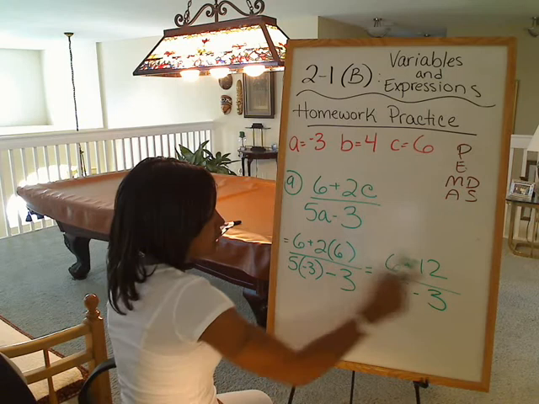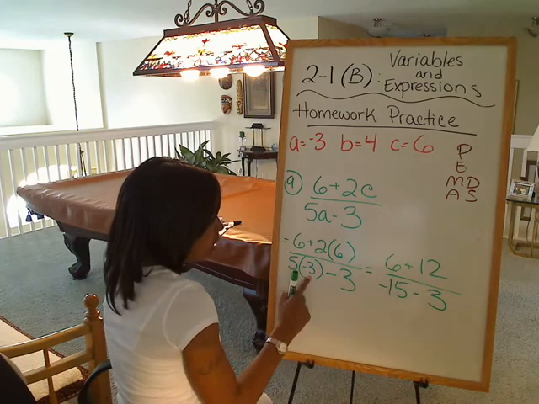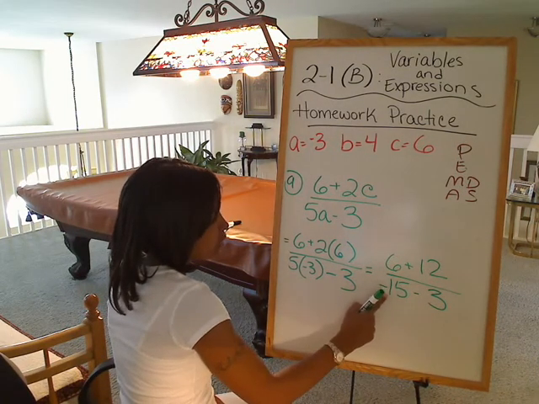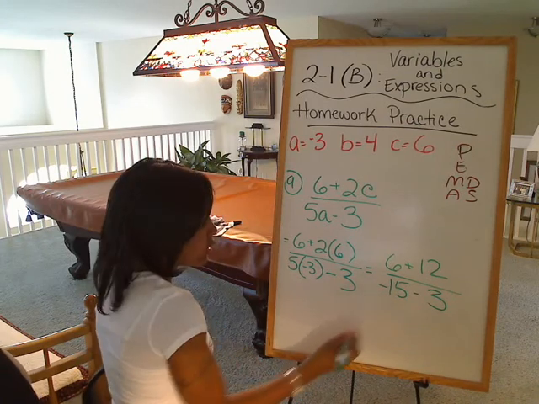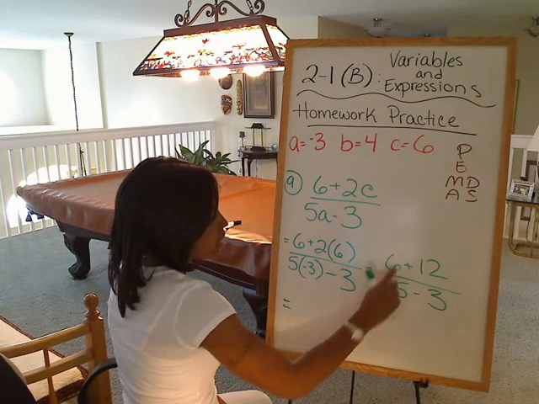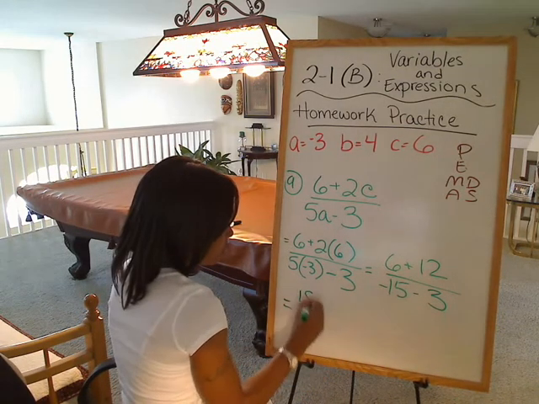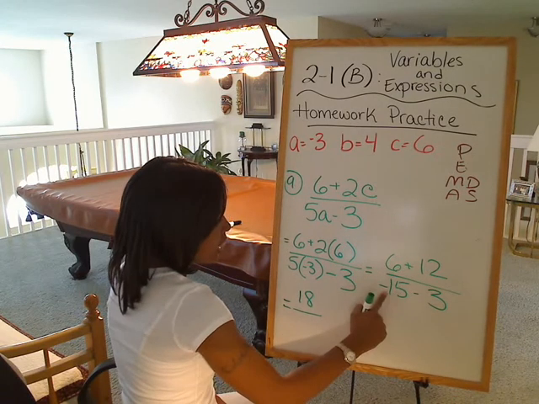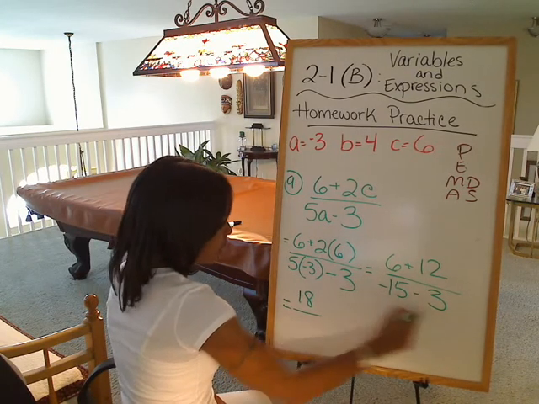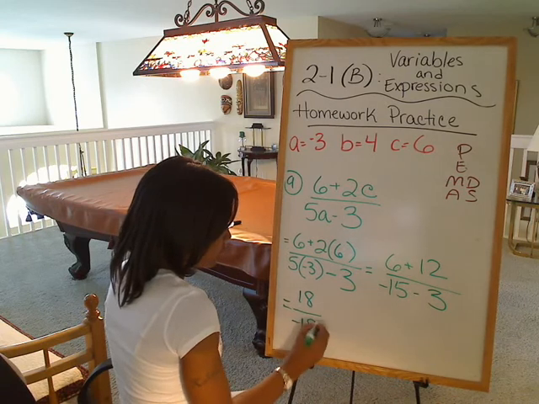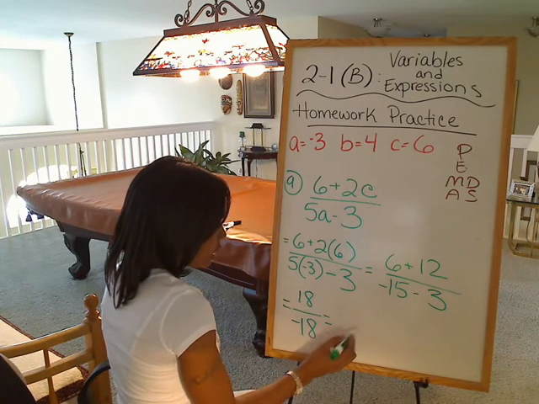So 2 times 6 gave us 12. 5 times -3 gave us -15. Now let's do the math. 6 plus 12 is 18. -15 take away 3 is -18.